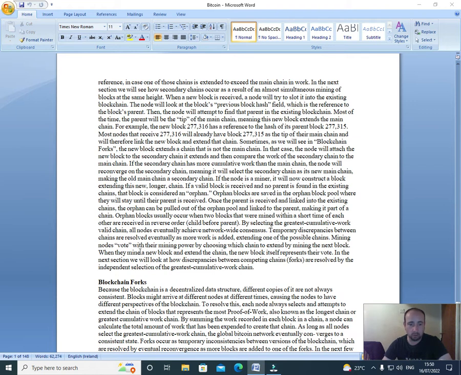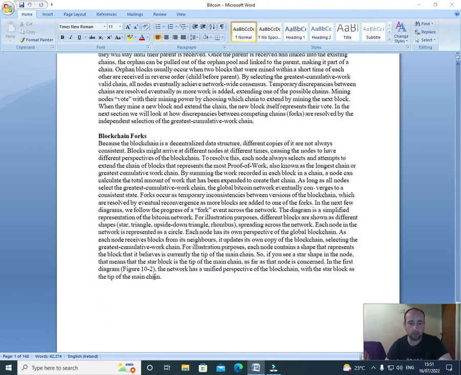Mining nodes vote with their mining power by choosing which chain to extend by mining the next block. When they mine a new block and extend the chain, the new block itself represents their vote. In the next section, we'll look at how discrepancies between the competing chains, forks, are resolved by the independent selection of the greatest cumulative work chain.